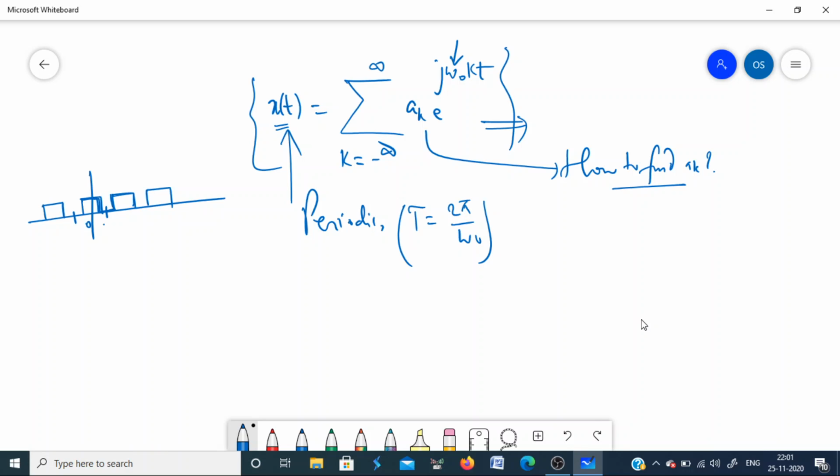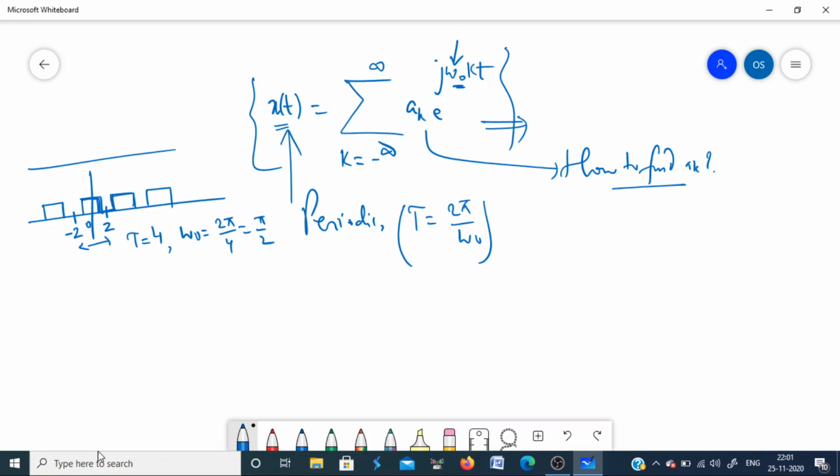Suppose it is 2 and minus 2, it means the time period of this signal is 4. So I can simply say the fundamental frequency omega naught is 2 pi by 4, which is pi by 2. So omega naught you can compute like this.